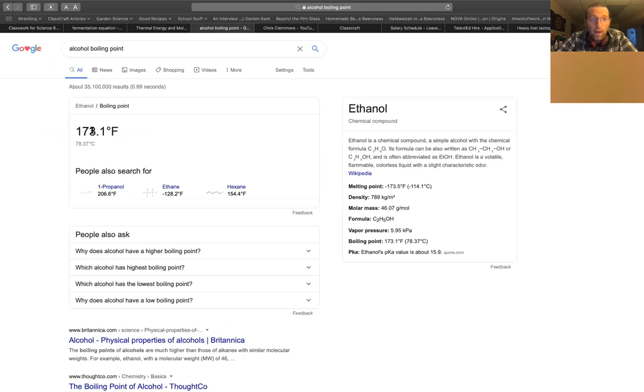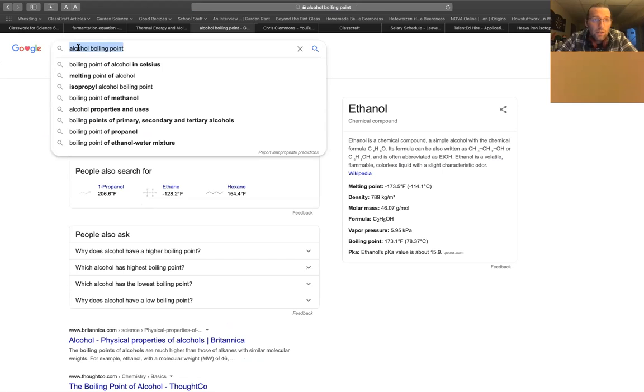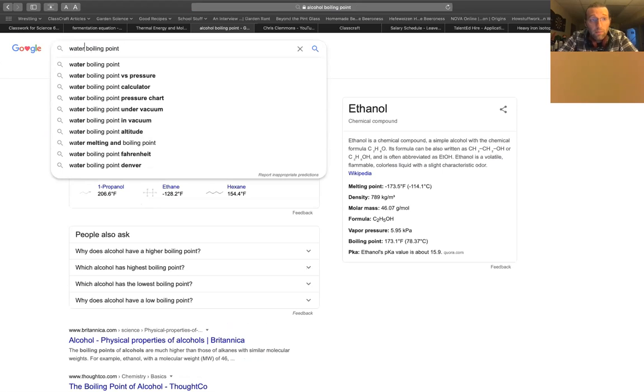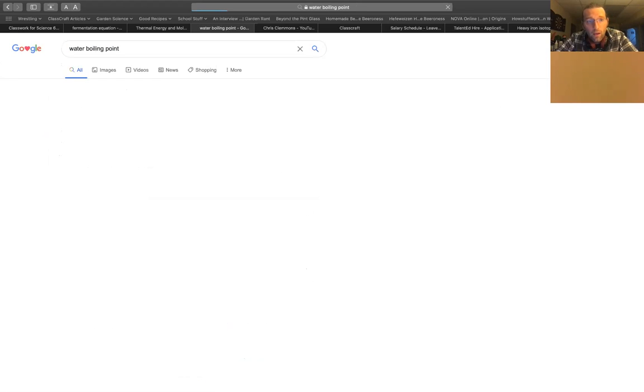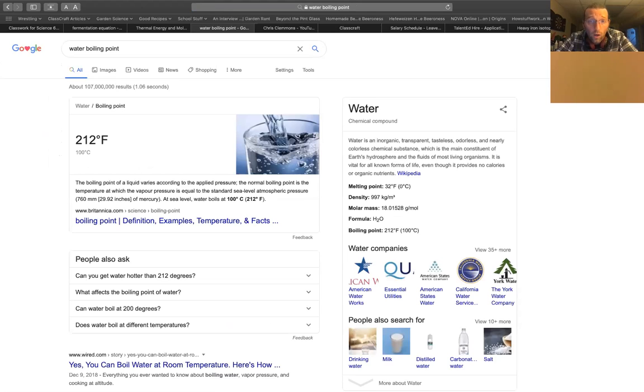And boom, it pops up. And Google actually has accurate results, and this point is in this little window here, so totally fine if you use those. And the same thing will do for water. So you notice that's 173. If I type in water, voila, it's 212. So alcohol will evaporate sooner than water will if you're heating them both up at the same time.